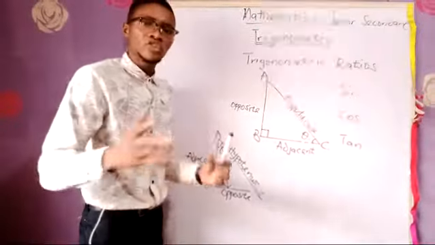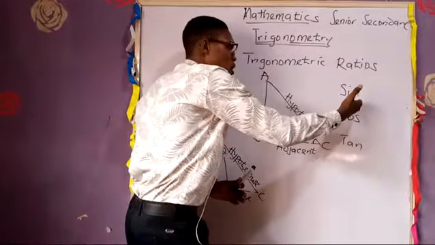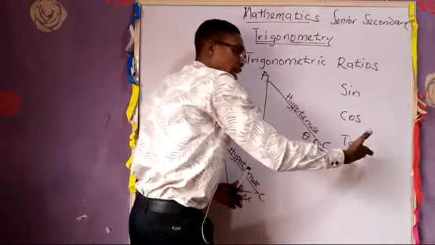From here, in your junior secondary school mathematics, we have sine, cosine, and tangent.